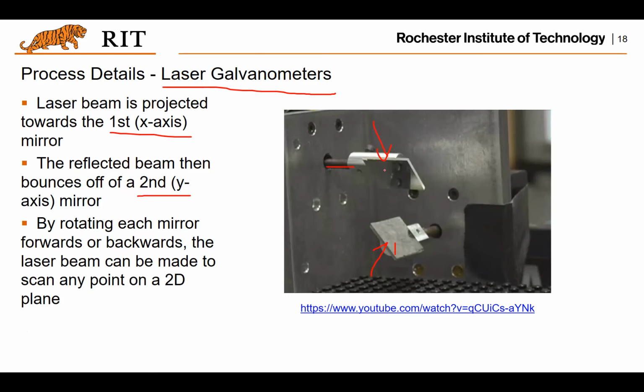It has a rotation along two axes, here and here. This is x, this is y. If I create the coordinate like this, each of the mirrors will rotate along these axes, and together they could guide the laser to all different directions and cure the resin. That's how this laser galvanometer works.